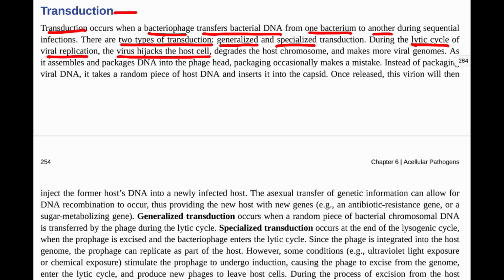As it goes through this process, as it is going to assemble and package up the DNA into its own phage head so that it can burst out of the cell and infect other cells, that packaging occasionally makes a mistake. So instead of packaging up only viral DNA, what ends up happening is it's going to take a random piece of host DNA and then insert it into the capsid along with the phage DNA.